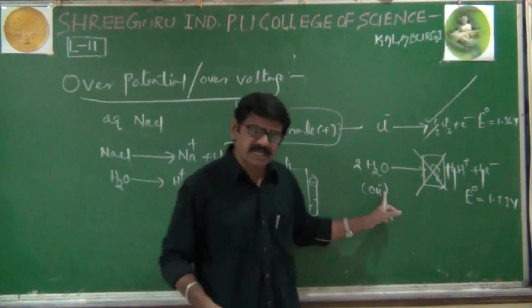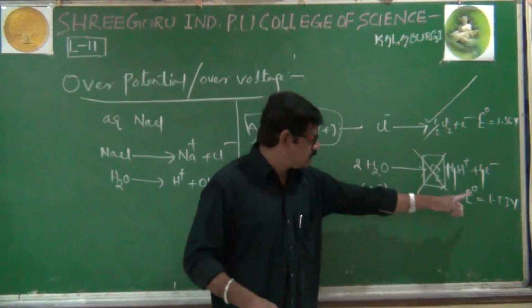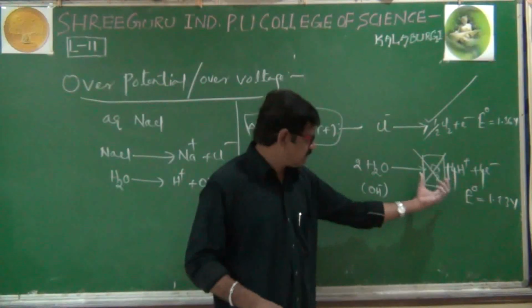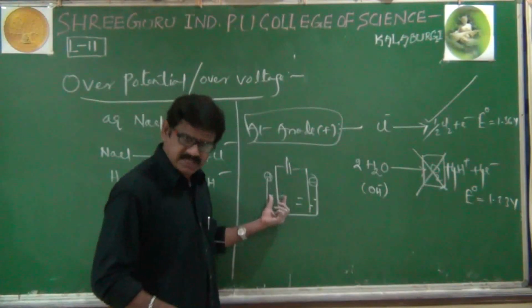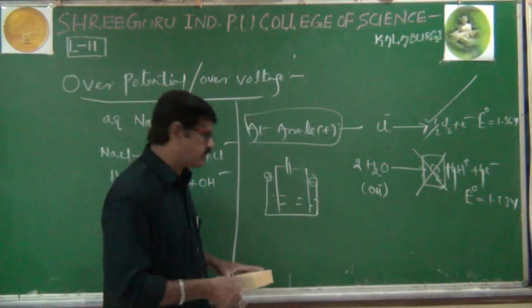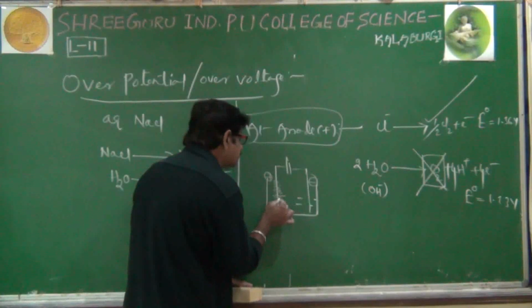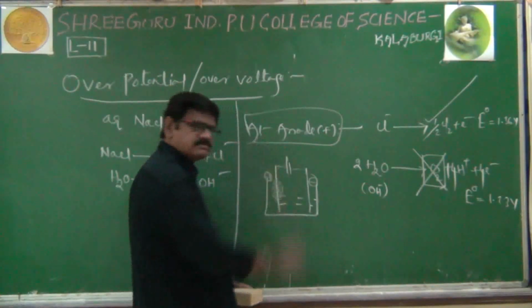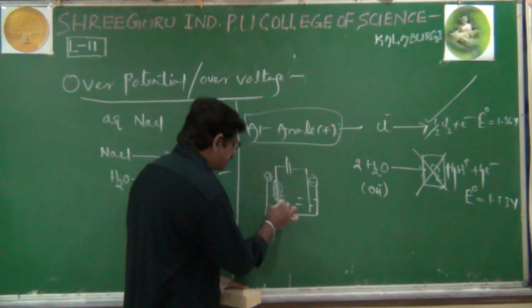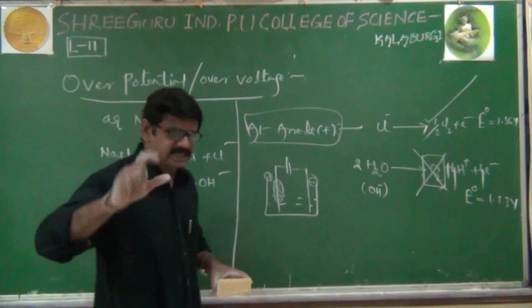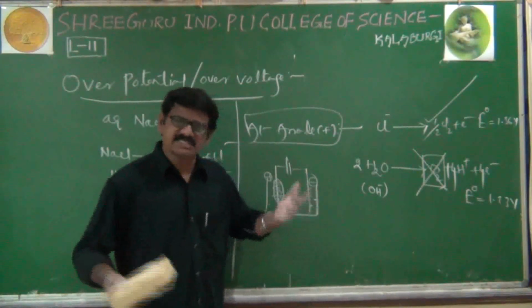As far as OH- ion is concerned, even though it has less SRP, it first definitely undergoes oxidation here. Because of oxidation, what happens here? A layer of gas molecules appears on the electrode. One gas layer forms on the electrode. What is the problem then?